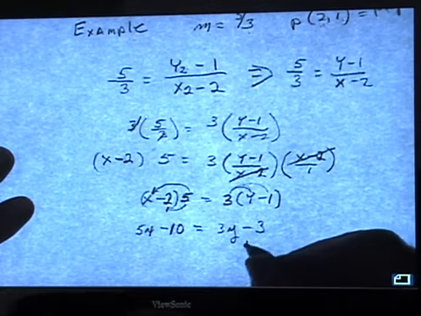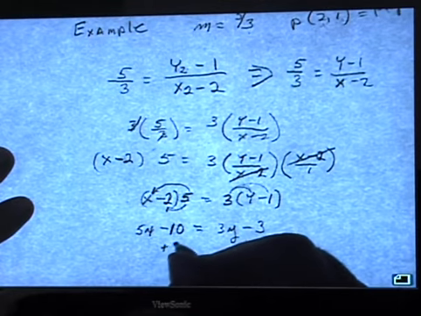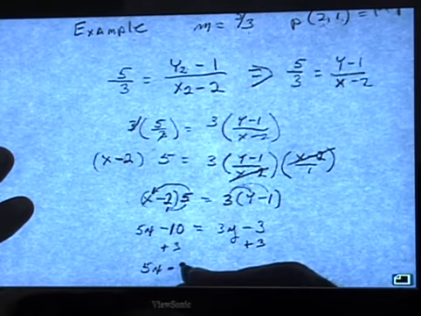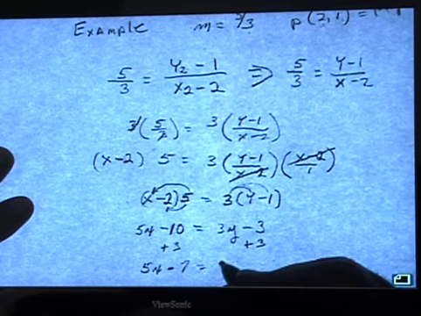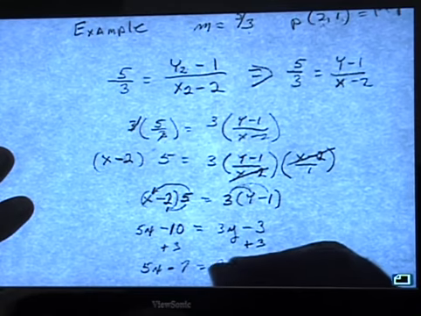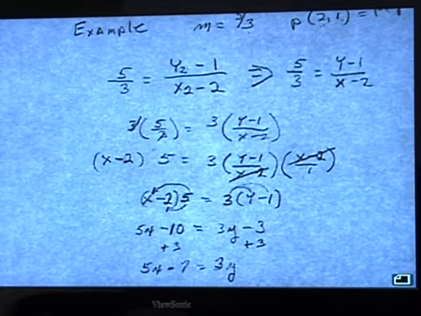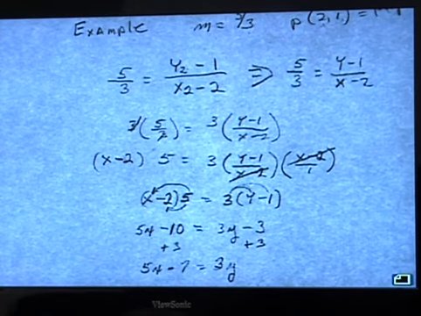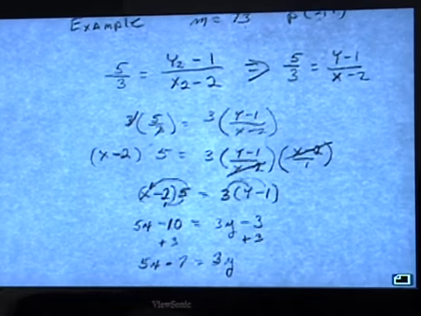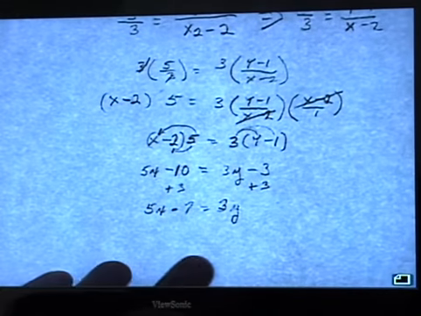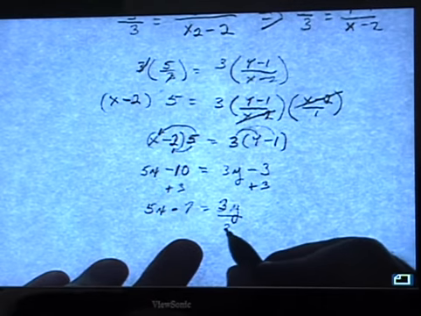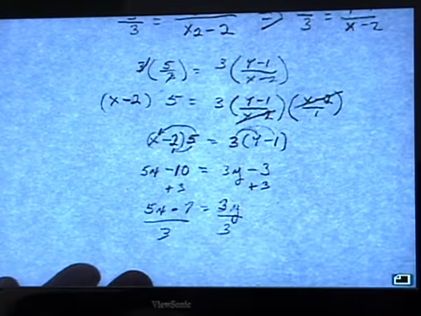So we're going to add 3 here, and we're going to add 3 here. And we'll get 5x minus 7 equals 3y. Okay, we still haven't gotten y by itself, so we're going to divide by 3 on both sides.